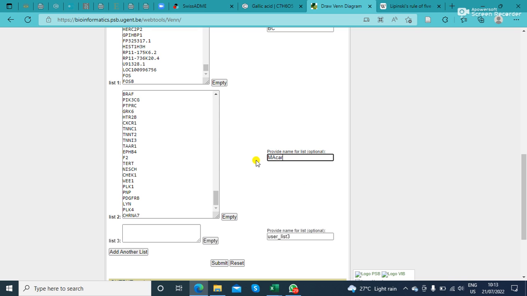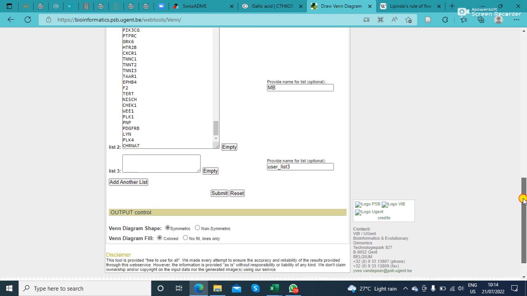So I can just write Macaranga, maybe B. Even this, I'm afraid that it will not show totally. Or I can still just write the initials MB. So I will need to define it when I am writing.